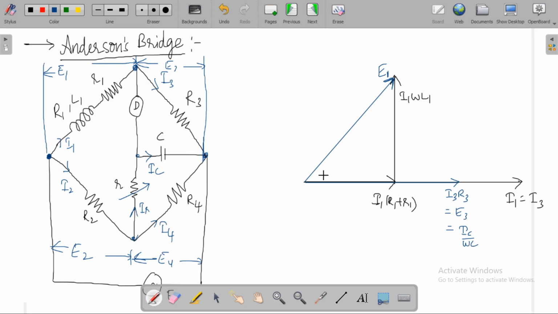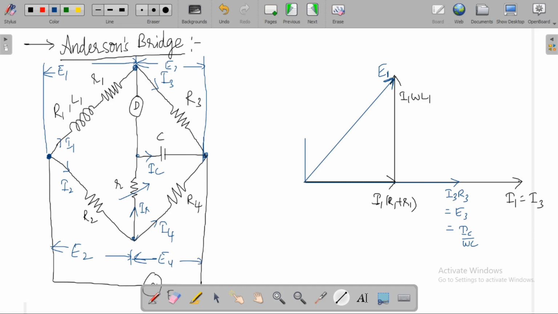Now what about the current to this capacitor? We have the phasor of voltage across the capacitor, right? How can I draw the current to the capacitor? Current to the capacitor leads the voltage across the capacitor by an angle of 90 degrees.